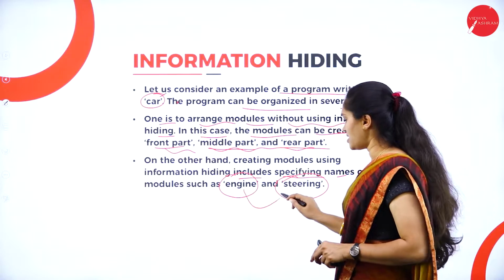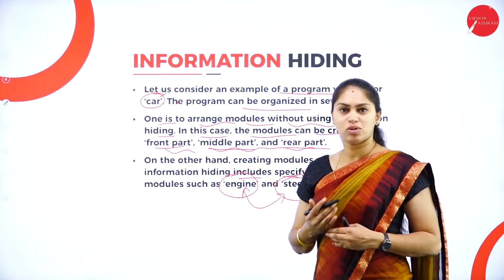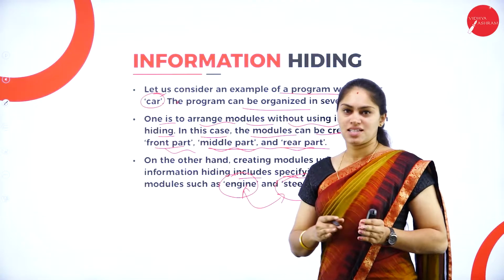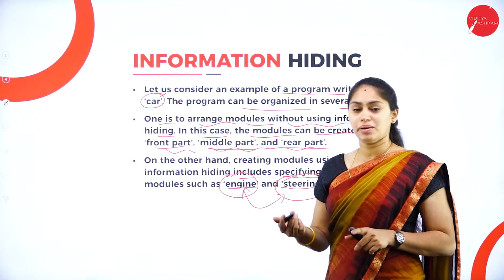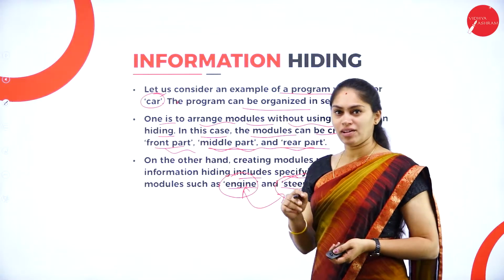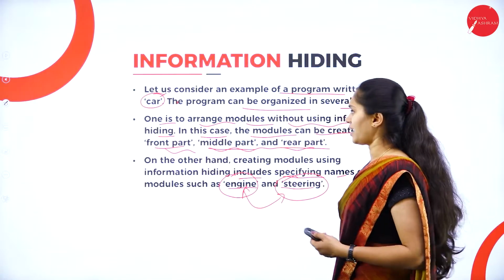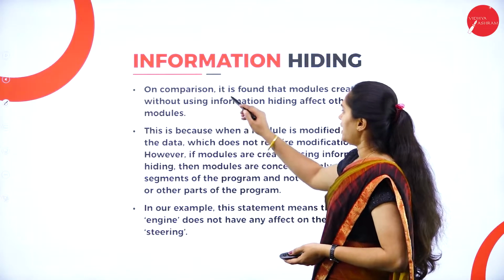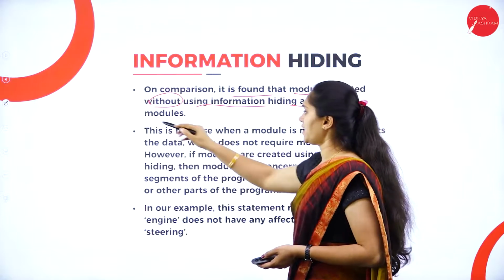All these are independent of each other, so there is no dependency among the different modules of the system. With modules called engine and steering, there is more information hiding. This is one example of how it looks with and without information hiding.